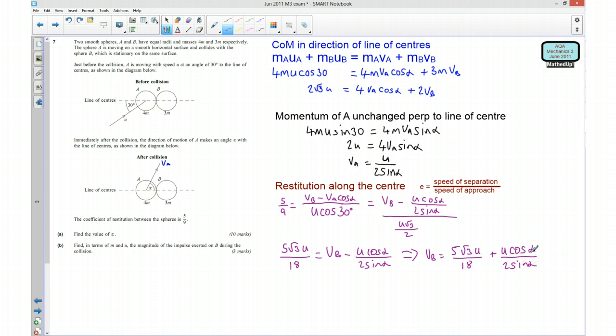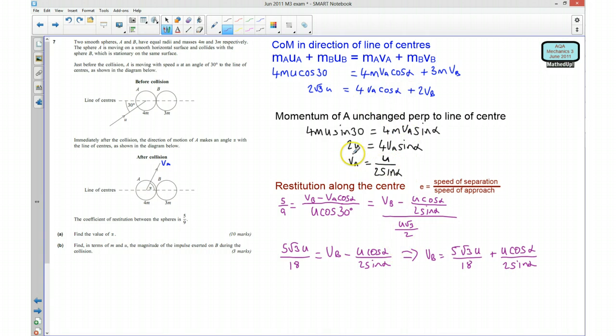Okay, now what we're going to do is we're now going to bring all of this together so that we can write down a value for alpha.